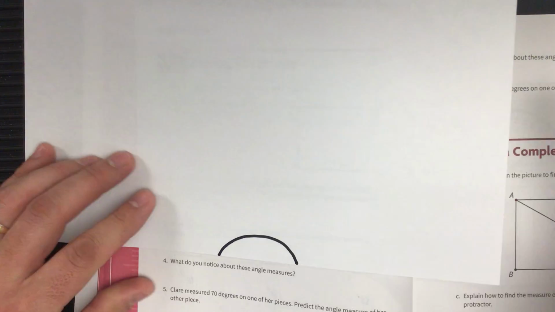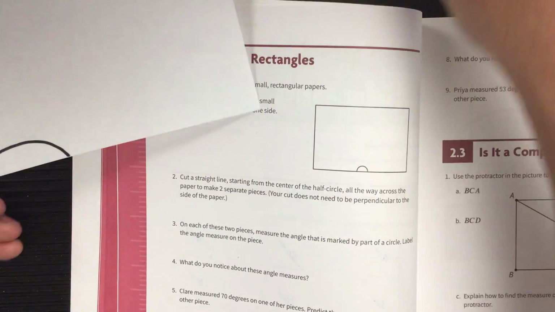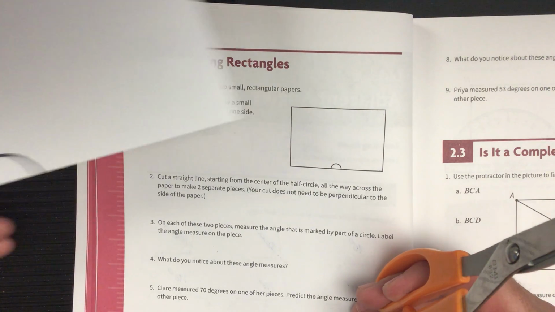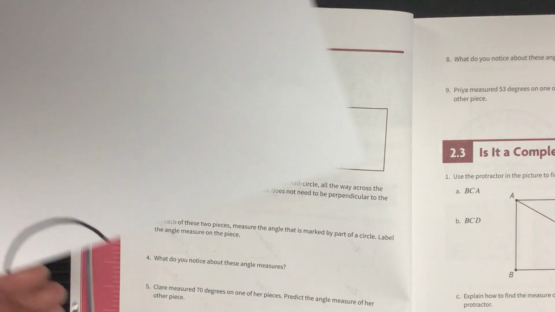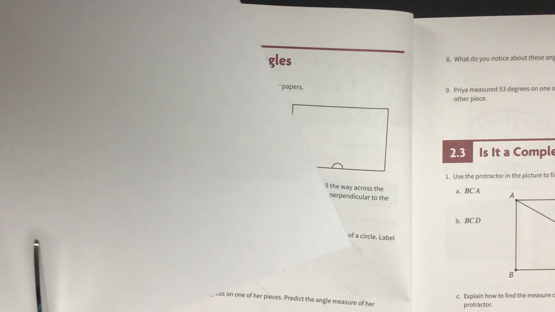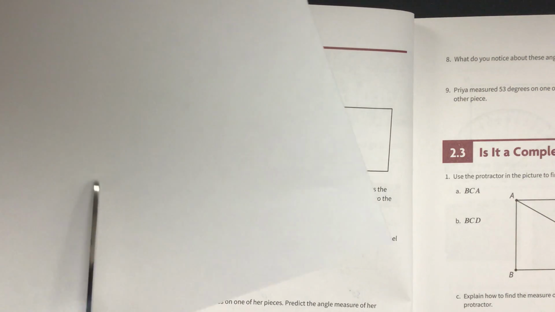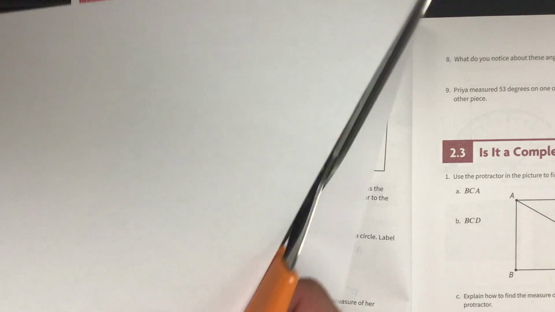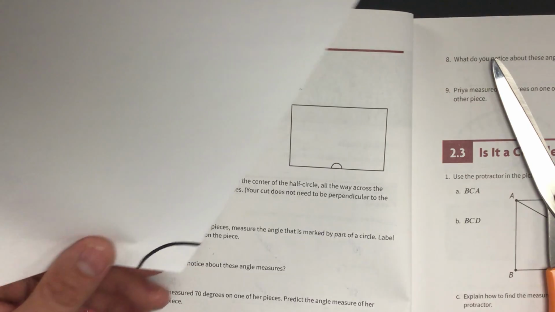Continue. Cut a straight line starting from the center of the half circle all the way across the paper to make 2 separate pieces. All right, so I'm going to cut across. Doesn't really matter where, I don't think. All right, so I cut it in half.